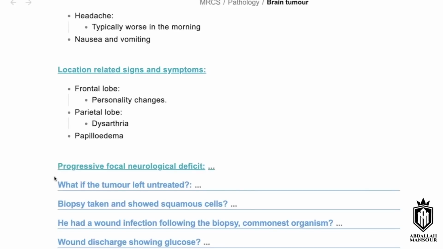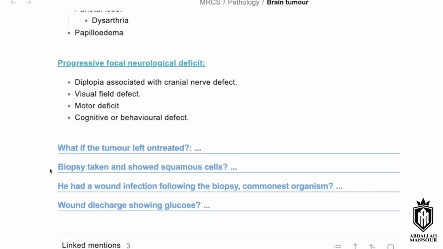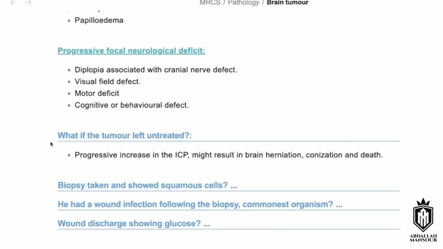What's going to happen? Okay, so the tumor will grow in size, then cause raised intracranial pressure, and then lead to brain herniation and eventual death. Yeah, if left untreated, it can basically lead to death.